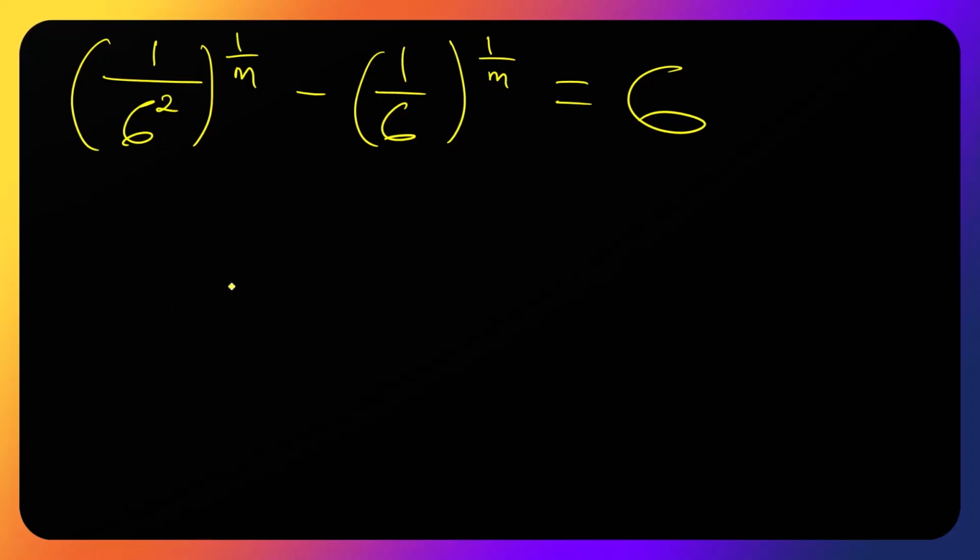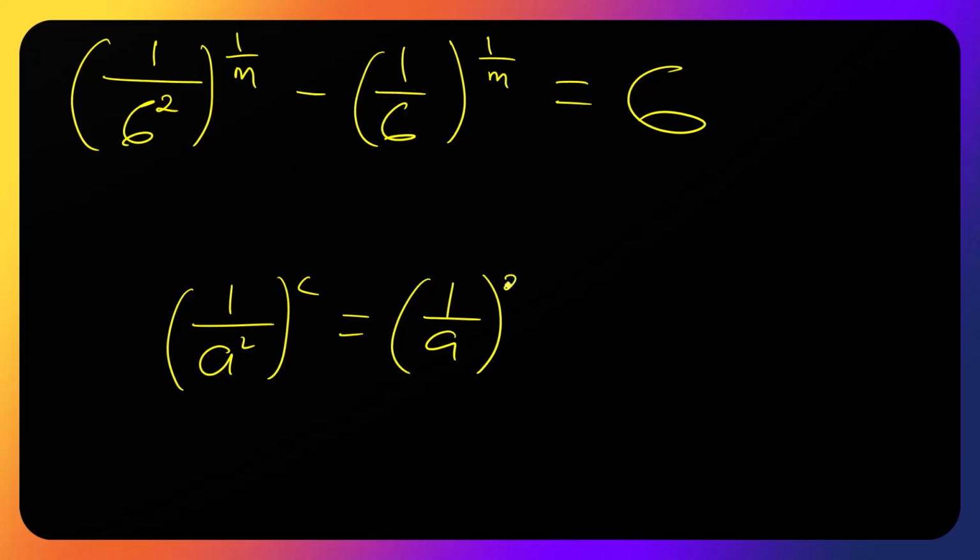So when we have a squared all raised to c, it is the same as a all raised to 2c. Once these two enter the bracket, it affects this and that. So you would take the 2 out.